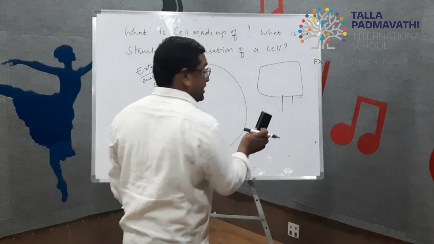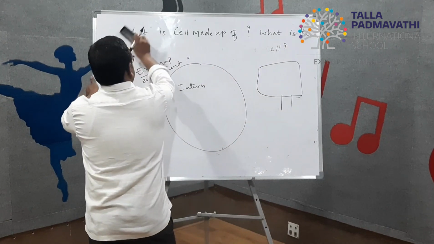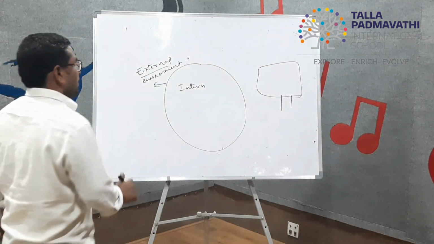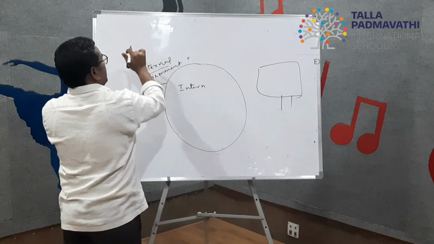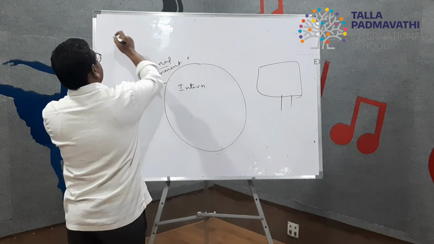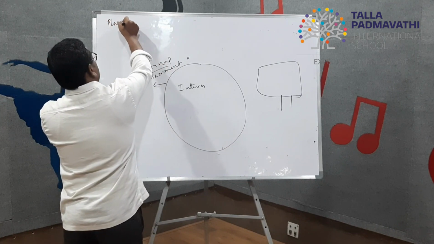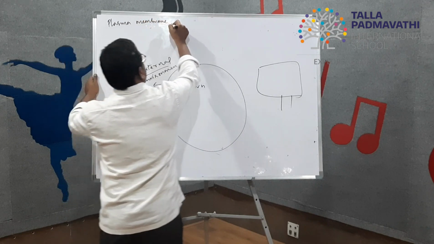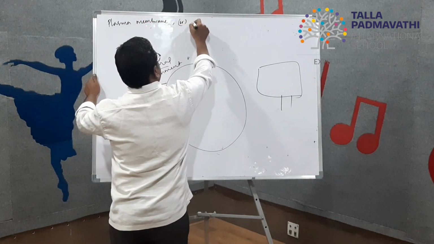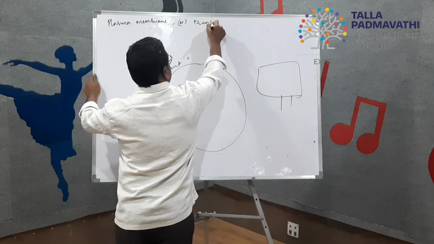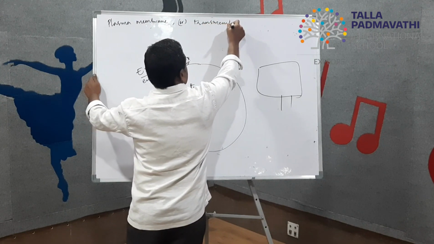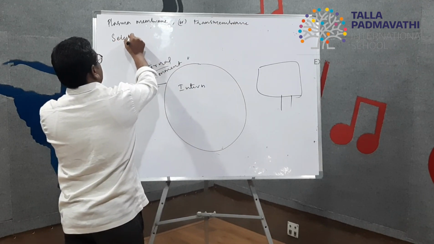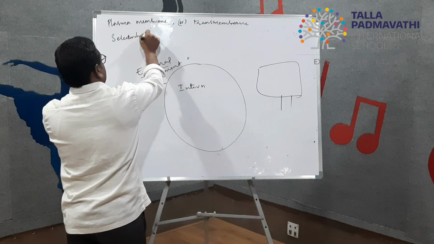Our discussion now is only about the plasma membrane, not about cell organelles yet. Our discussion is only about the protective membrane, plasma membrane, selectively permeable membrane or transmembrane.